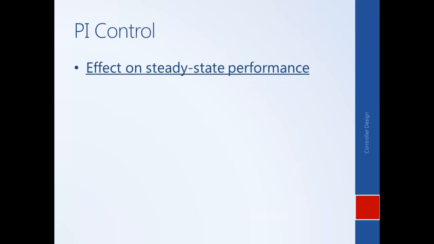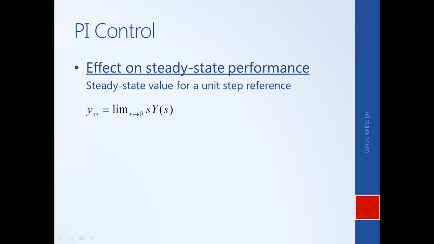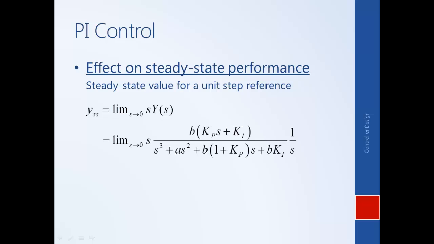Looking at the effect of integral action on steady state performance, we can again apply the final value theorem. So we take the limit as s approaches 0 of s times y of s, where y of s is the output of our closed loop system. This quantity here is the transfer function, y of s over r of s. We have a unit step reference, so this is our r of s.